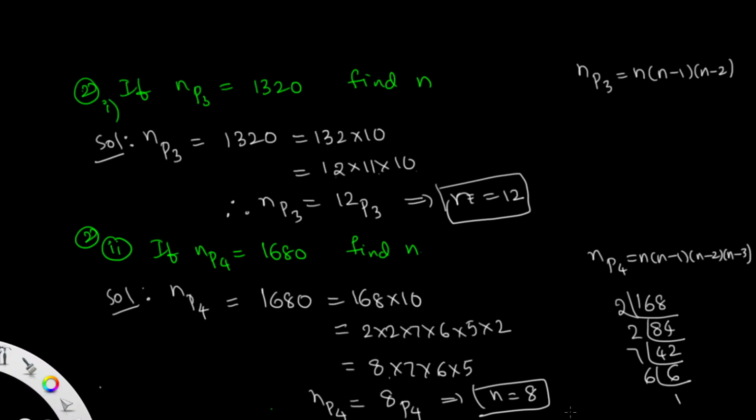A similar question. I am going to the next page: second bit, third question. If nP7 equals 42 into nP5, find n.